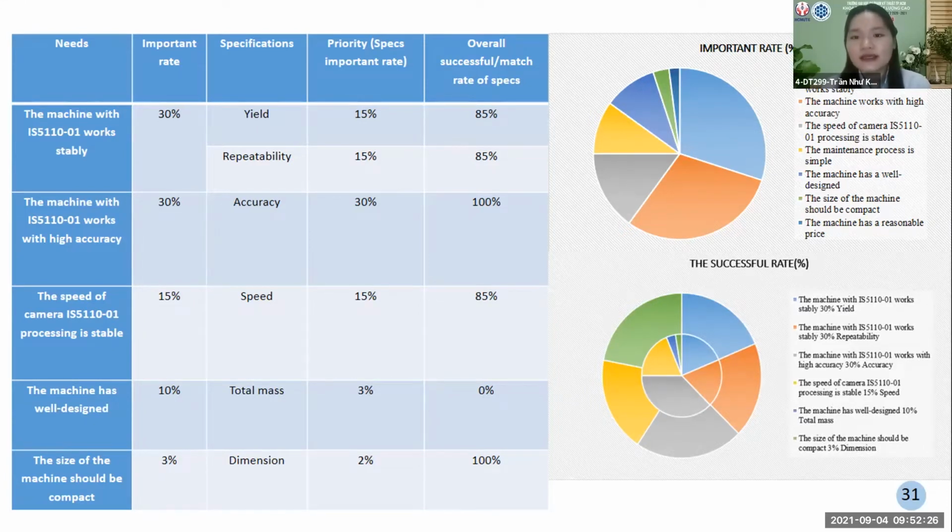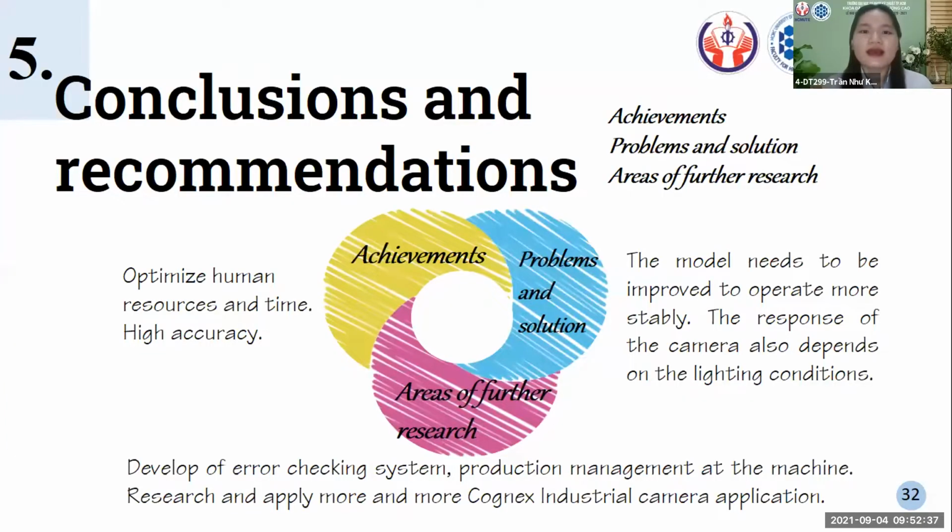On the other hand, a highly successful rate brings a huge impact to the projects. There are some benefits of my projects: time and high accuracy, but my projects have some limitations of the mechanical design.